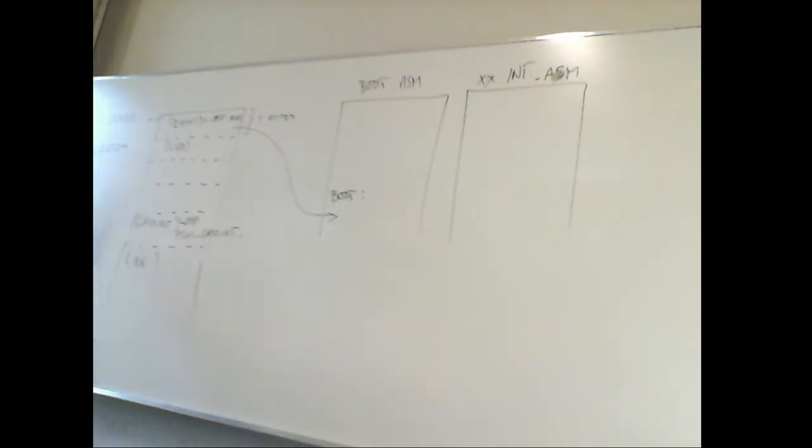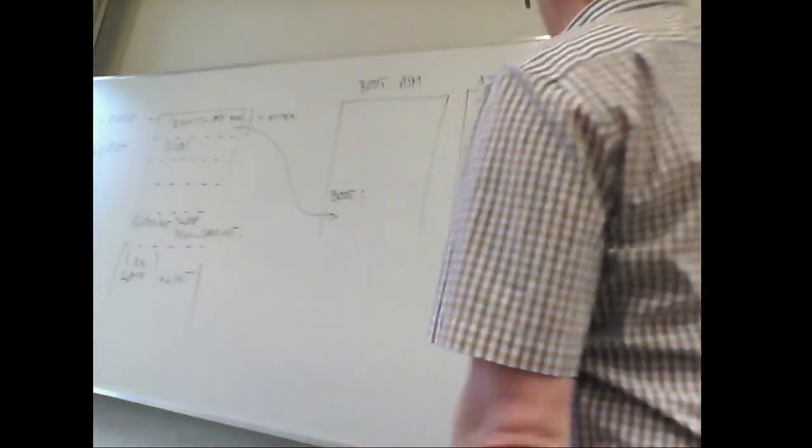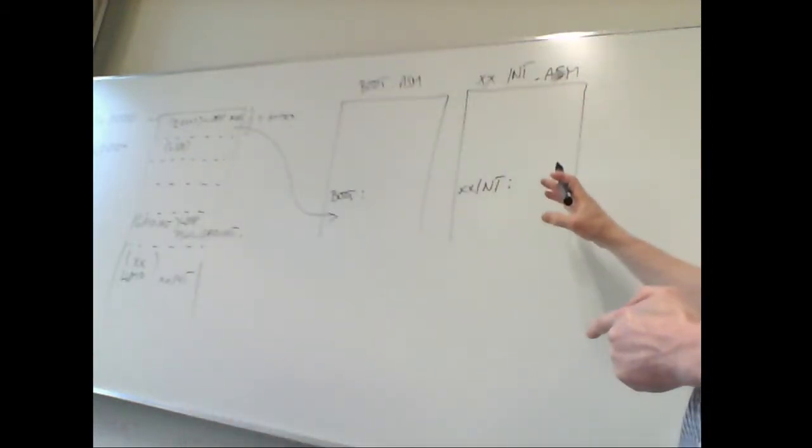If we have an XX interrupt here, then on these 4 bytes, there's a long jump to XX int service, which is an assembly file. And this is automatically generated.